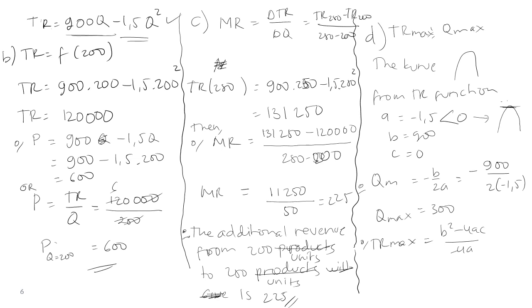Okay, which one will I use? Well, the same. Let me do this. B squared, what is B again? 900 squared over minus 4 times minus 1.5. So that is 135,000. So this is the maximum revenue.